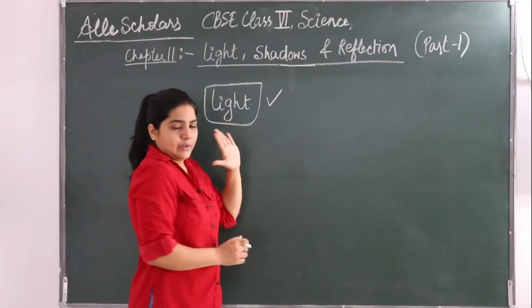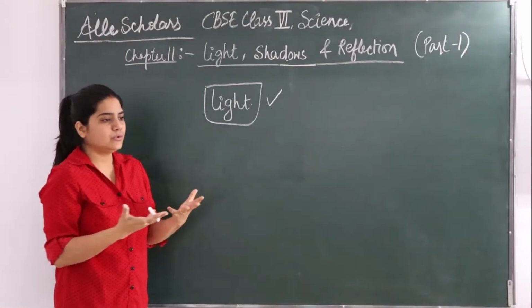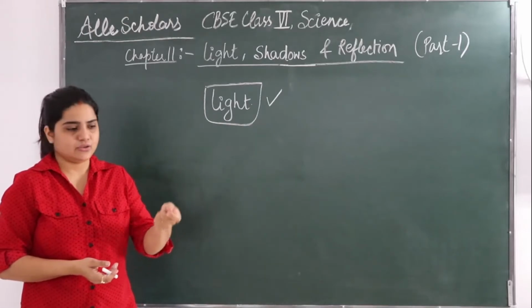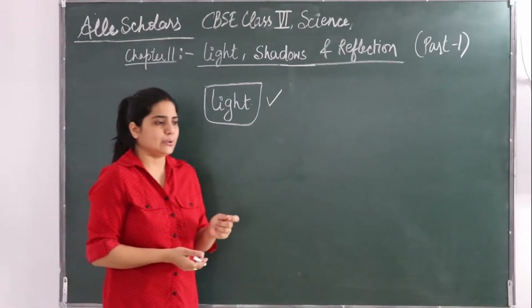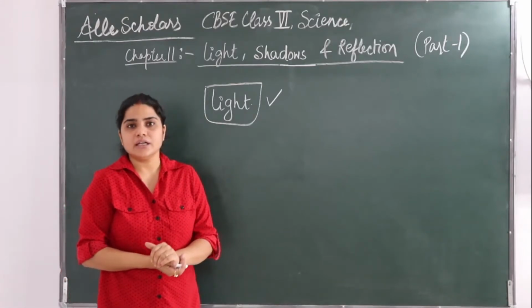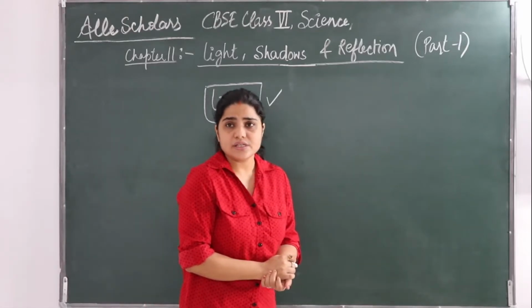So if there is no light, you use an object like a torch. A torch, a bulb is an object which gives light. So you switch it on and you can see anything. And if you see the sun, why are we able to see during the daytime? It is because of the sun.